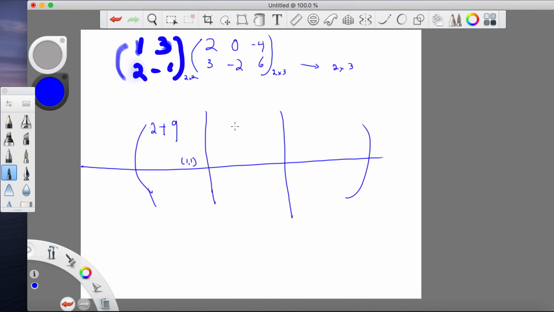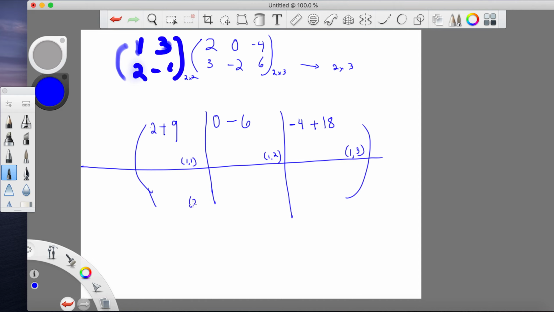And then for this element, I'm going to multiply the first row and the second column. So this row, this column. So you get 1 times 0, which is 0, plus 3 times -2, which is -6. For this element, I multiply 1 and -4, so I get -4 plus 3 times 6, which is 18. And this is the 1, 3 element.